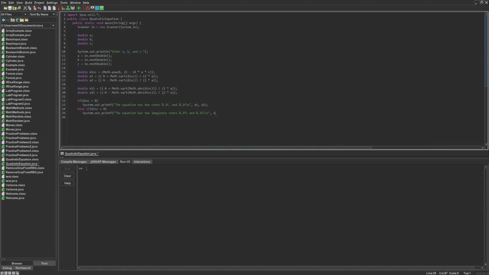This is for x1i and x2i. Last case is if the discriminant is equal to 0. In this case, the equation only has one root, and we could just use x1 for this.